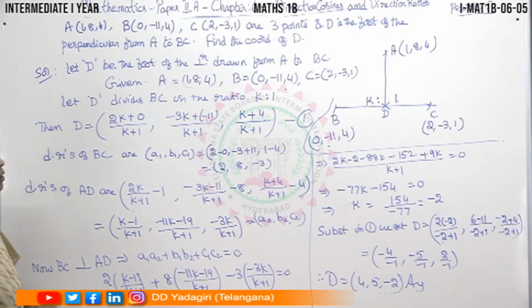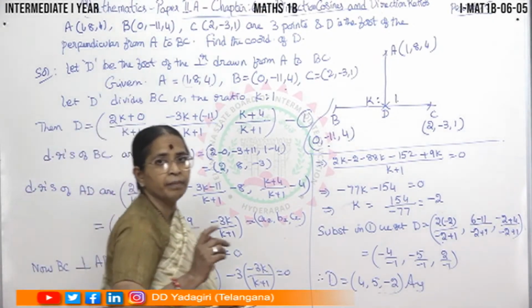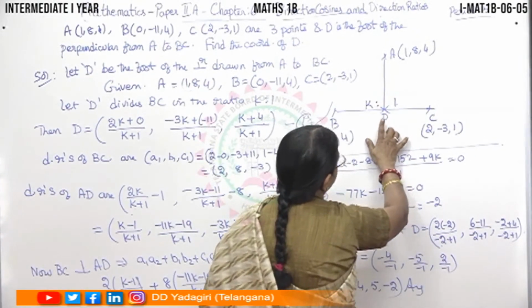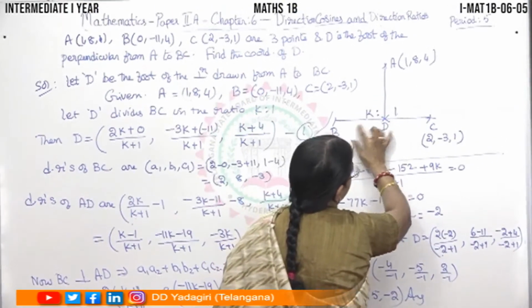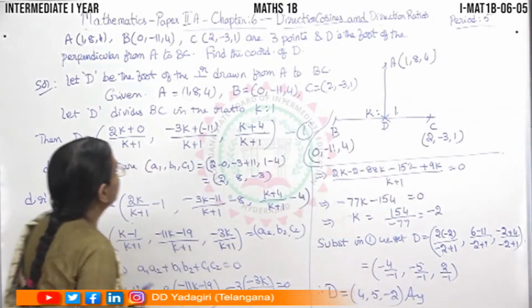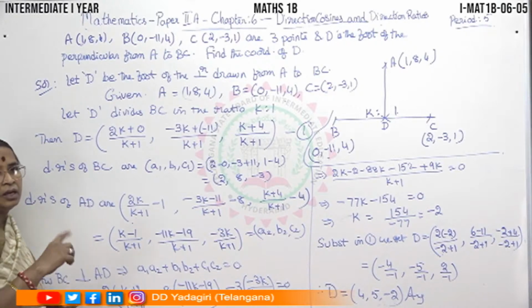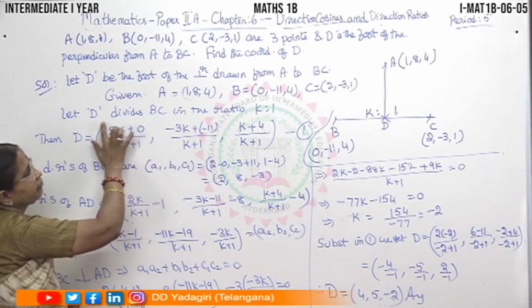This is the procedure. You find the coordinates of D, assuming that D divides BC in the ratio k is to 1. Remember this procedure. It is not like in two dimensions. It is totally different.